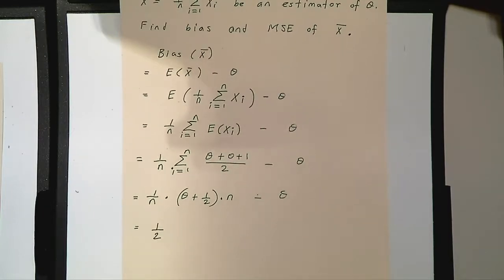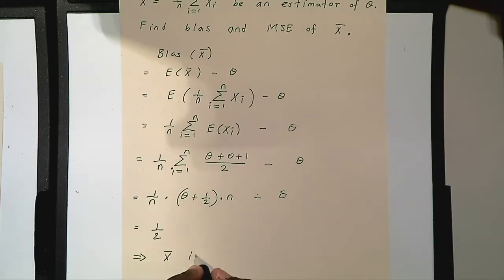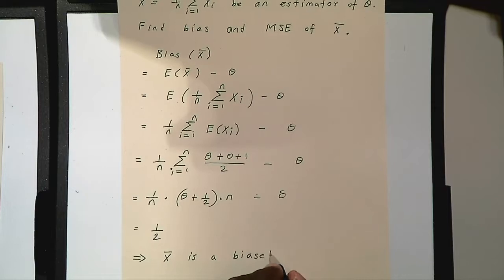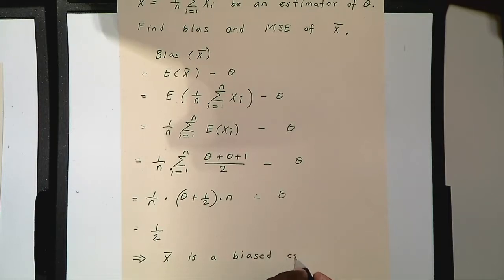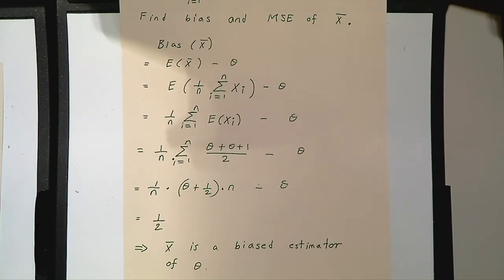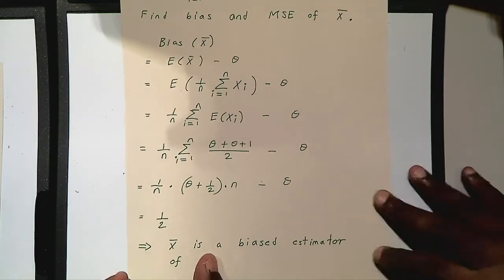So the bias is equal to a half, which implies that X bar is a biased estimator of theta. Okay? You guys with me?